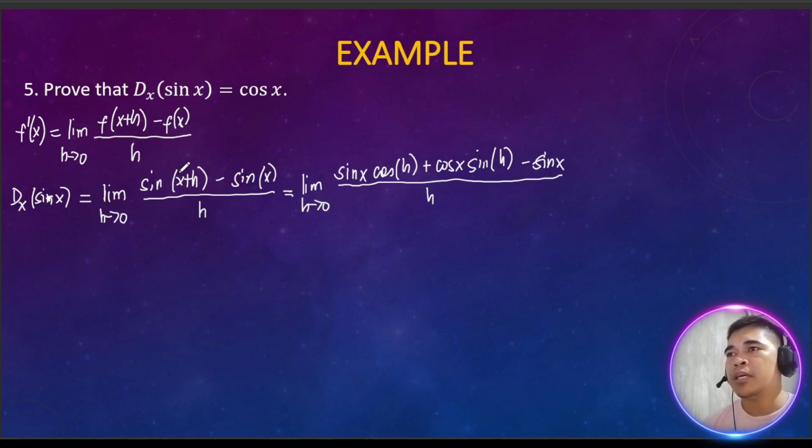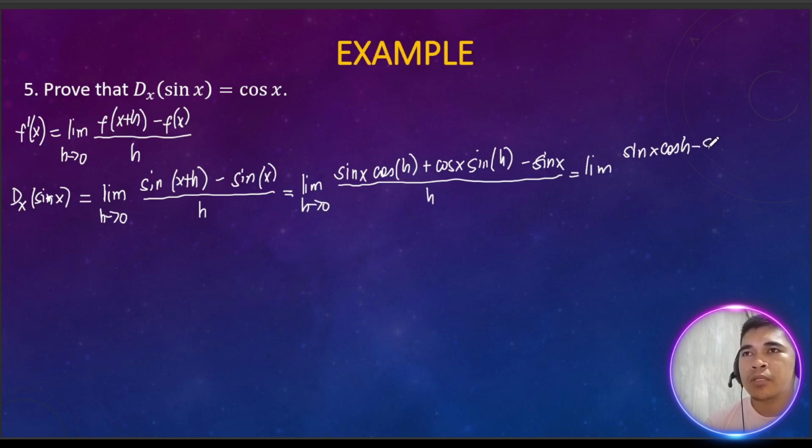So that is the identity. Next, the limit, let's group the sine x terms: sine x cosine h minus sine x plus cosine x sine h over h as h approaches 0.